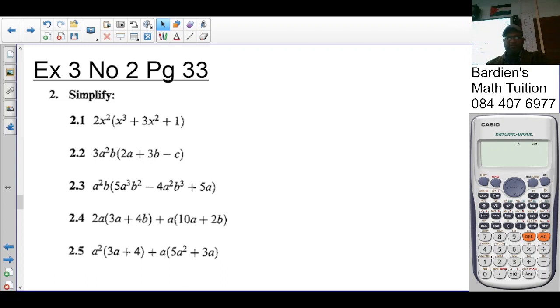Now we're looking at division of polynomials by a monomial. That's your next heading there. The bell will probably ring soon.